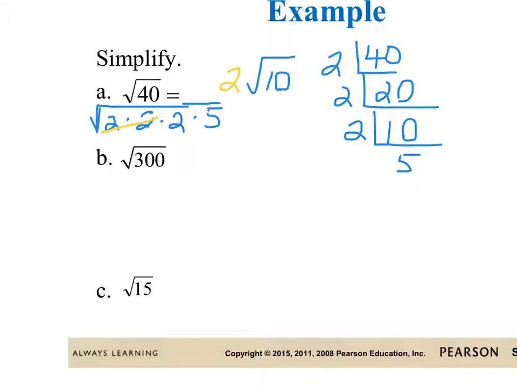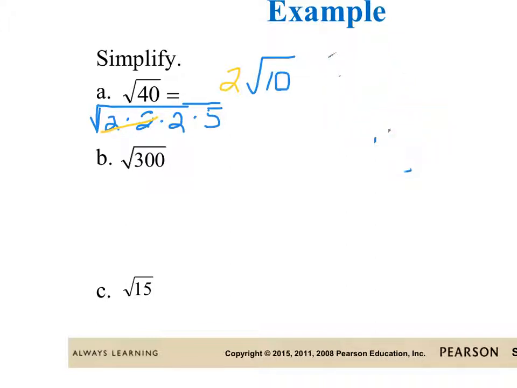And we're going to do something similar with the square root of 300. We're going to begin with 300. And we know that that's even, so we'll divide that by 2.